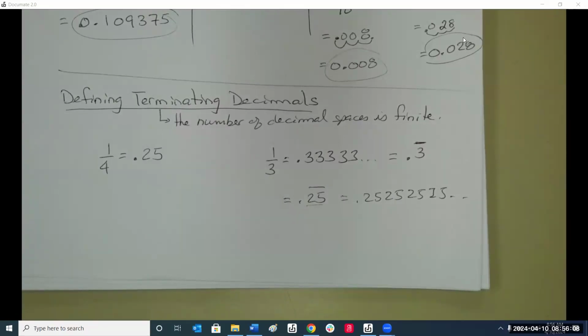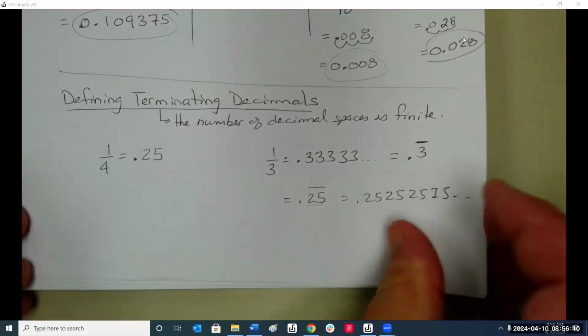How do we know if a number is a terminating decimal? Theorem 7.1.